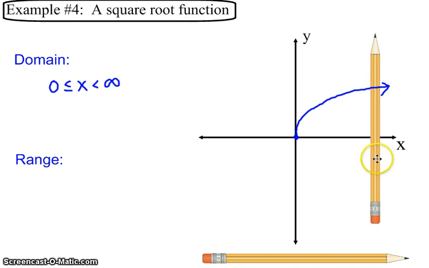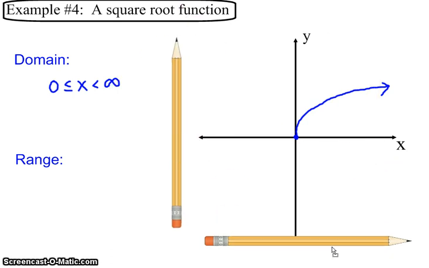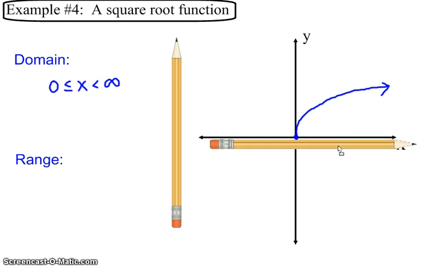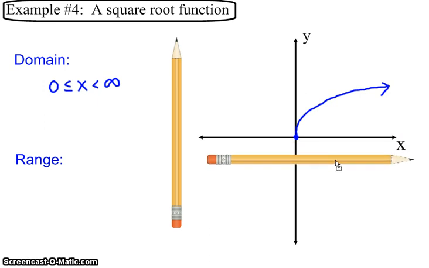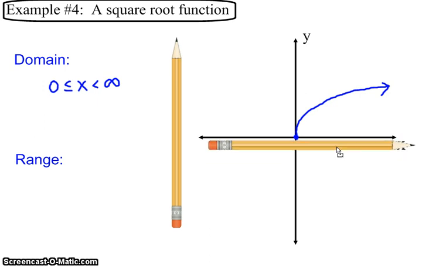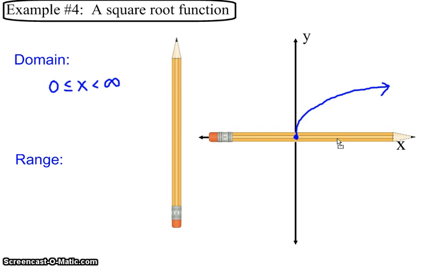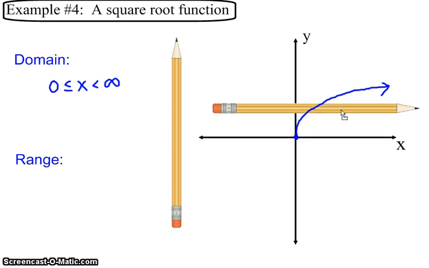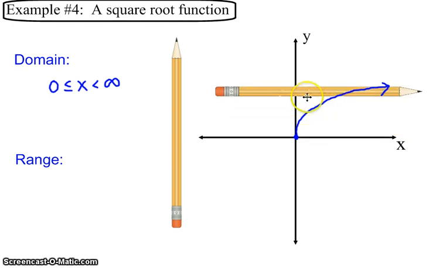Now the range, going from bottom to top, think minimum and maximum. The minimum value, or when I first hit the graph from the bottom, is 0. And as I keep going up, even if it's going up gradually, it's still going up infinitely.